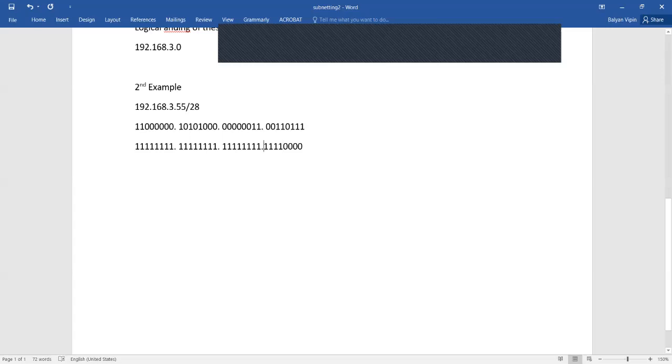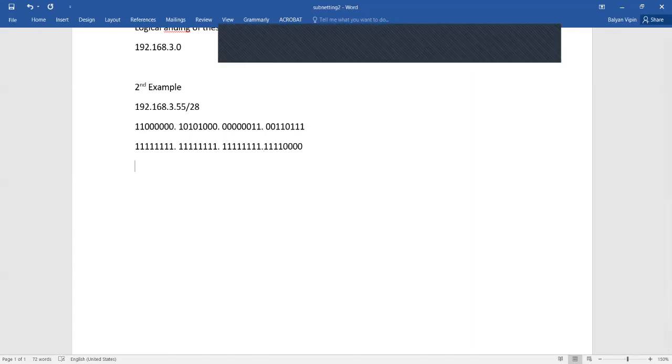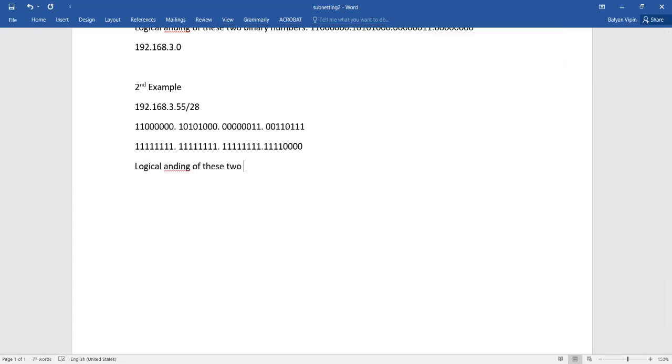So now, if in this case the question asked is that you need to find the network address, or you can say the network ID of this network, then again you will do the logical AND of these two binary numbers.